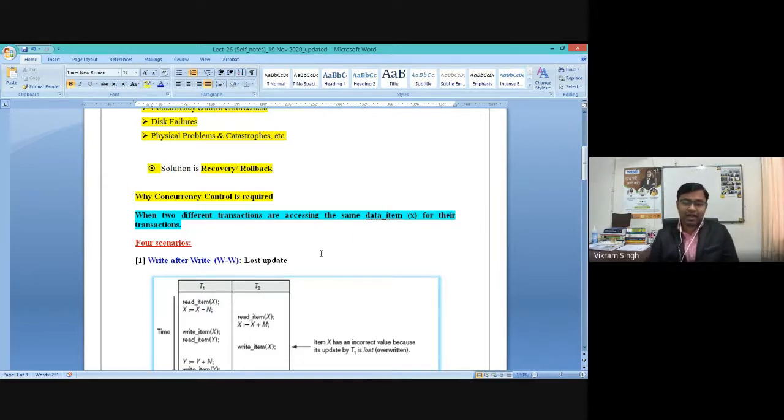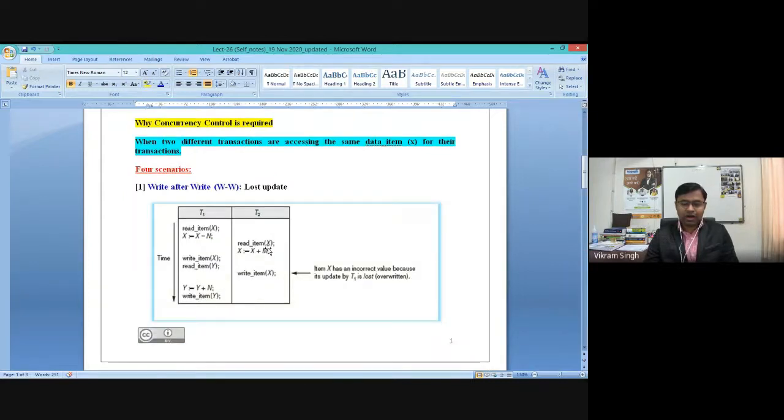These are the four scenarios of conflict, and we have covered these four scenarios because whenever a failure occurs in a transaction, that may lead to these four possible cases of conflict, like lost update, lost summary, something like that, right?